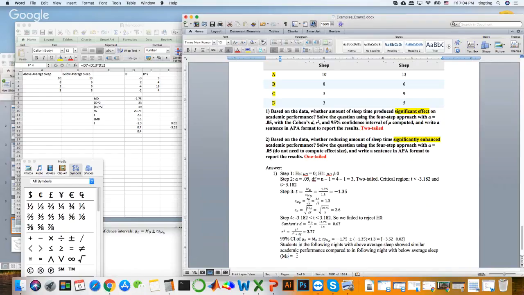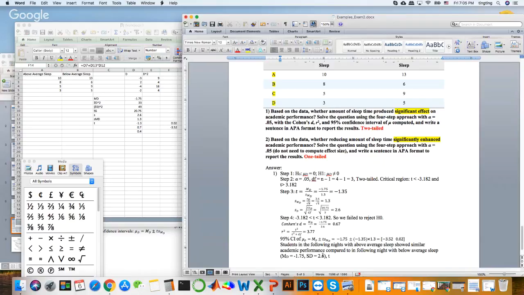So, and then here we report MD equals 1.5, SMD, or we just say SD equals 2.6.